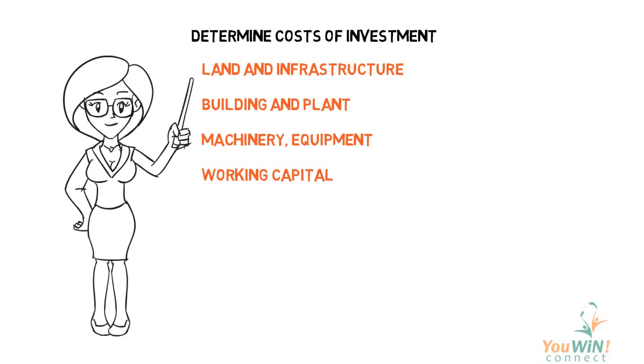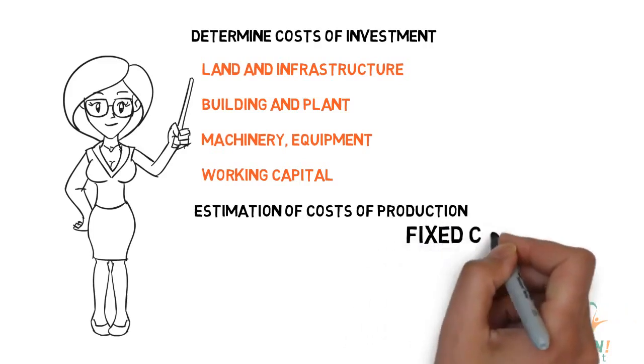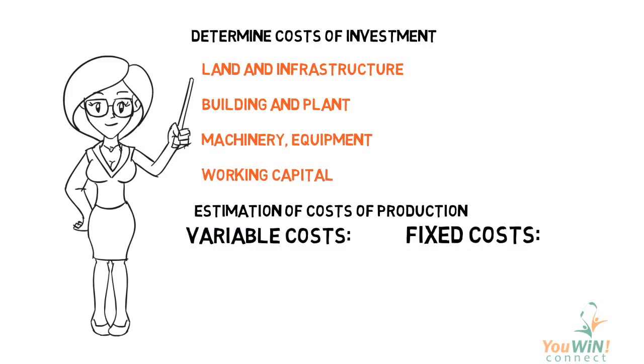In terms of production costs, we can look at production costs plainly from two main directions. The structure of production costs are either fixed or they're variable.